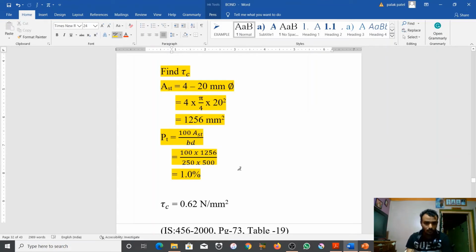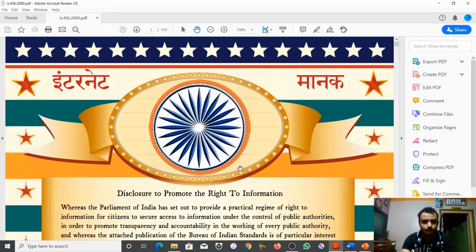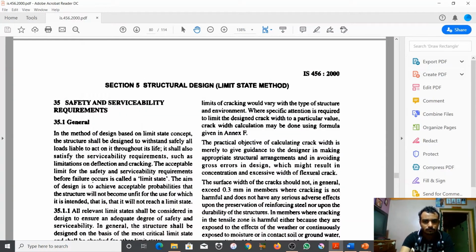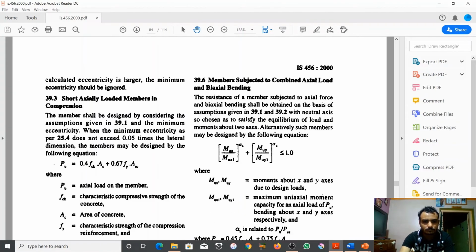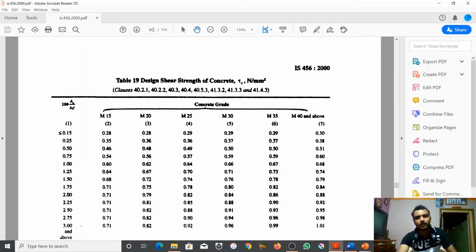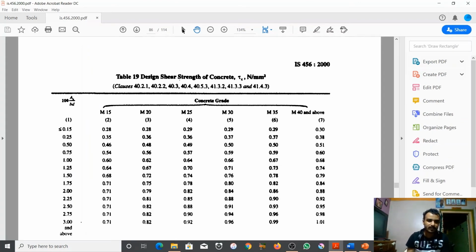Ast we found out, b and d are given. So by the IS code page number 73, we can find out tau c. There is a table, you can see table number 19. We can find out tau c from this table. So we found pt, 100 Ast upon bd, is 1.